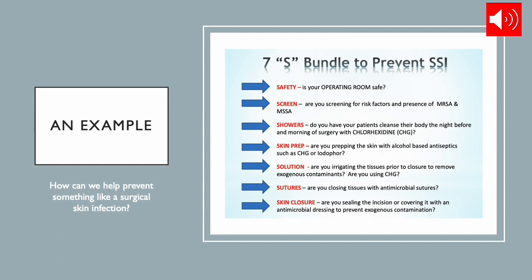So I wanted to show you guys this because this is an example of an infection prevention bundle that somebody created. So this is your 7S's bundle to prevent surgical site infections, or SSI.